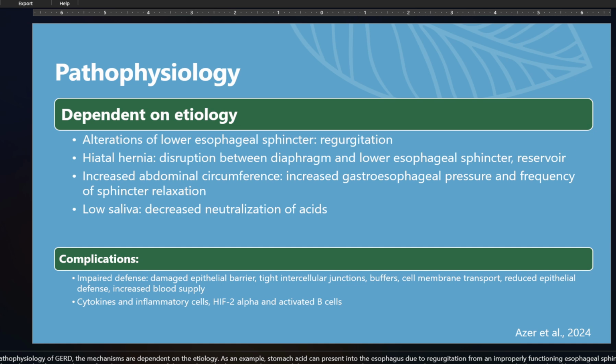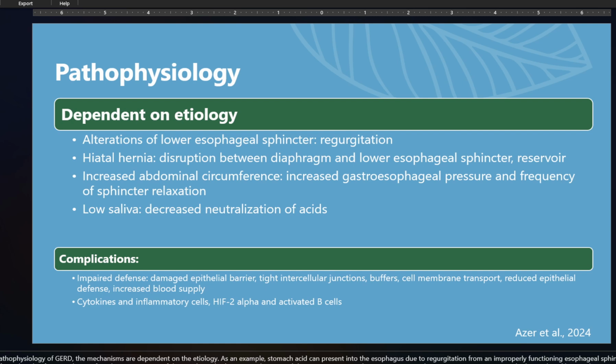Other pathophysiology processes can include increased pressure from increased abdominal circumference, as seen in pregnancy and obesity, resulting in an increased pressure and frequency of the esophageal sphincter to relax. Additionally, defense mechanisms can be compromised, leading to worsening GERD, such as with low saliva, which results in a limited ability to neutralize stomach acids.